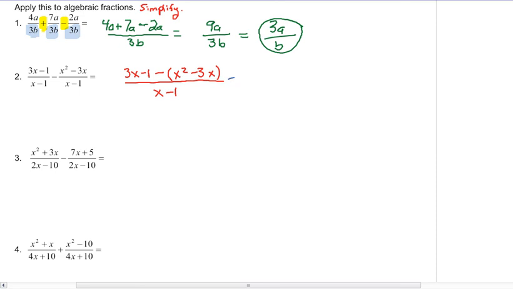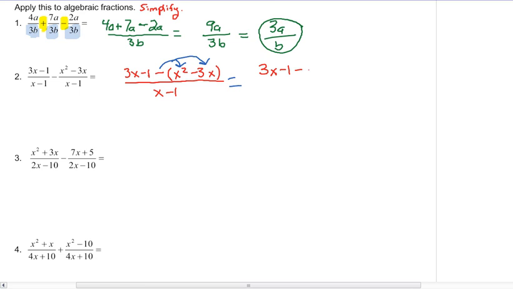Let's simplify some of this. The one thing that we can do on top is this negative sign is going to affect the x squared, and it's also going to affect this 3x. So if I rewrite this problem, start from the beginning, 3x minus 1. For the next part, that minus affects everything.